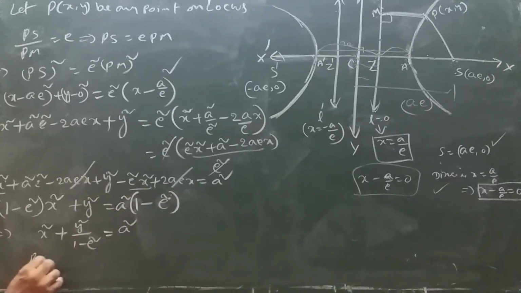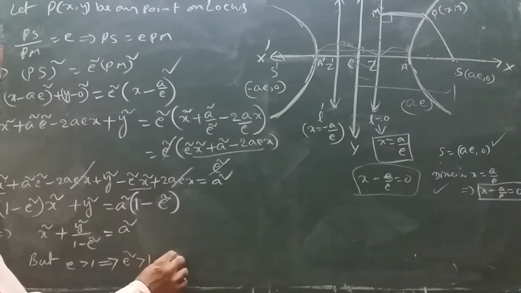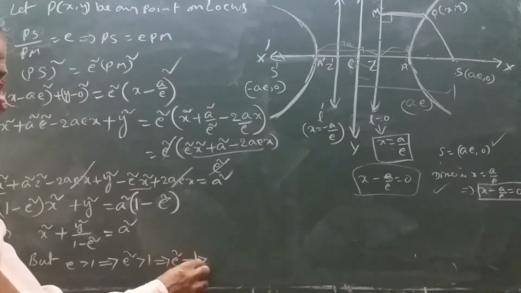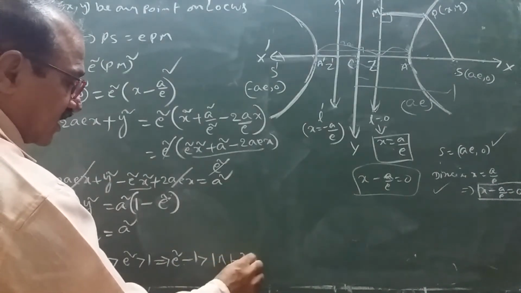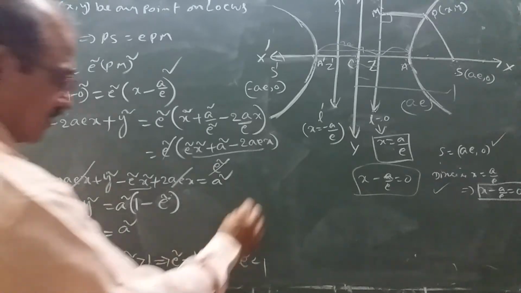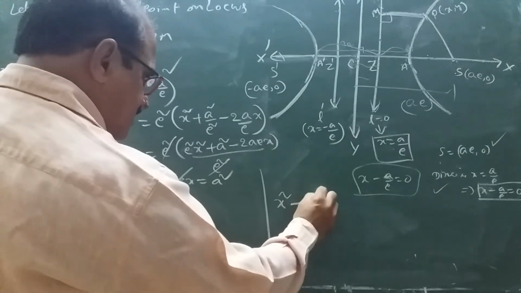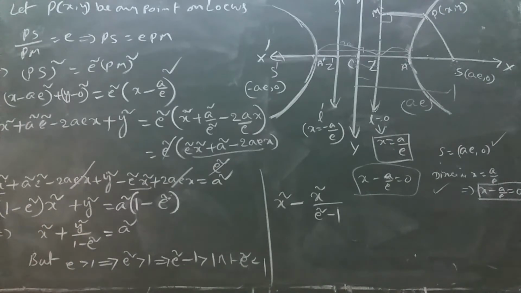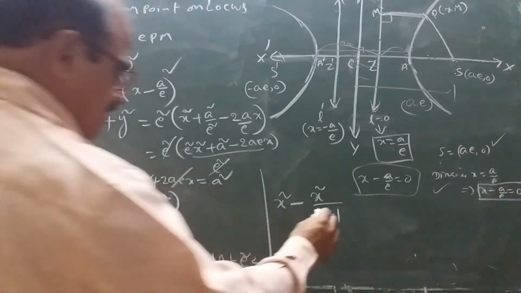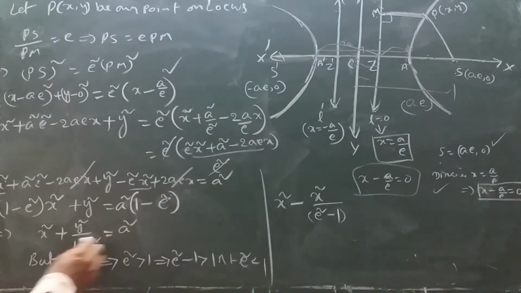But we know that e is greater than 1, that implies e square is greater than 1, that implies e square minus 1 is greater than 0, and 1 minus e square is less than 0. So this equation becomes x square minus y square by e square minus 1, by taking minus as common, is equal to a square.